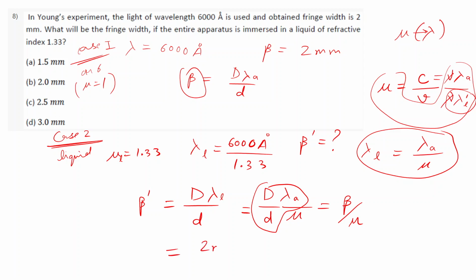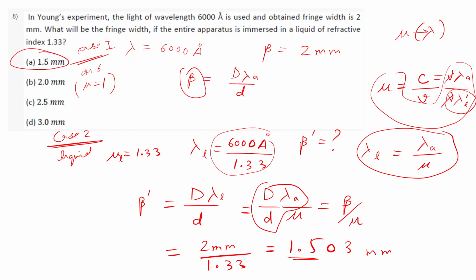That was 2 mm divided by the refractive index, so I didn't have to calculate this separately. This is an easier way. So 2 divided by 1.33 is 1.503, or if we consider only up to the first decimal digit, 1.5 mm.